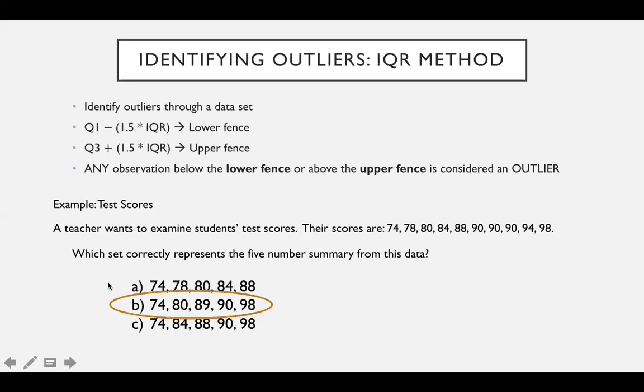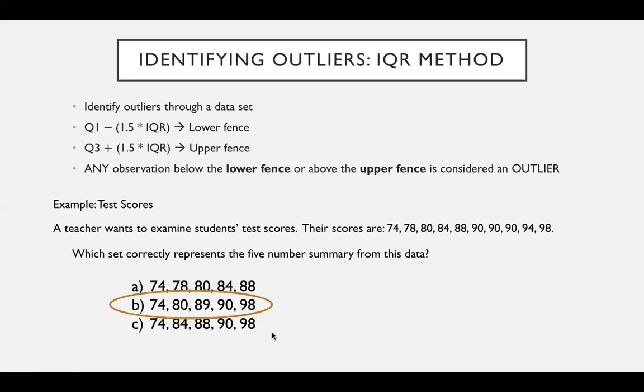So first, you can cancel out A, because since 98 is the maximum, 88 cannot be the maximum, so A cannot be possible. And next, the most obvious difference is the difference in median.